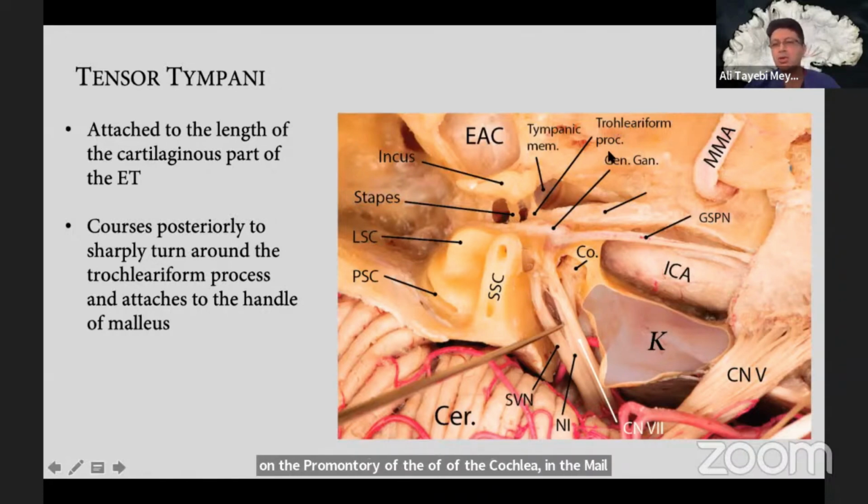Some people call it the cochleariform process as well, which is okay because it's right on top of the cochlea here. And then its tendon makes a 90-degree turn to attach to the handle of the malleus. And you can see the fine anatomy here, how the eustachian tube is lateral to the ICA. Okay.